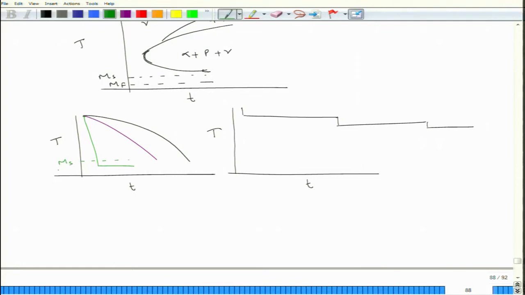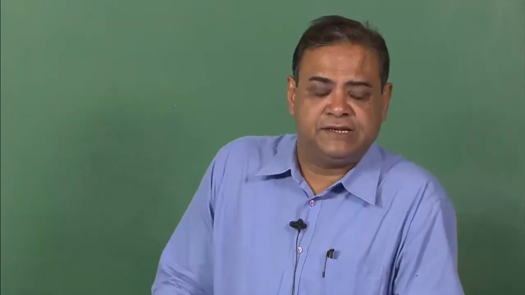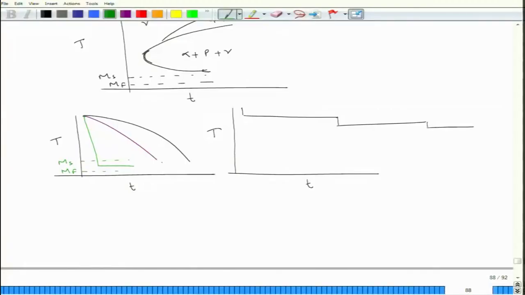The quenching point can cross the martensite start temperature, and if it remains between martensite start and martensite finish, I would have martensite plus the remaining phase, which would be austenite. So, I would have a mixture of martensite plus austenite. In the earlier cases I have pearlite, and with faster cooling also pearlite with a finer microstructure, but here I would have martensite.